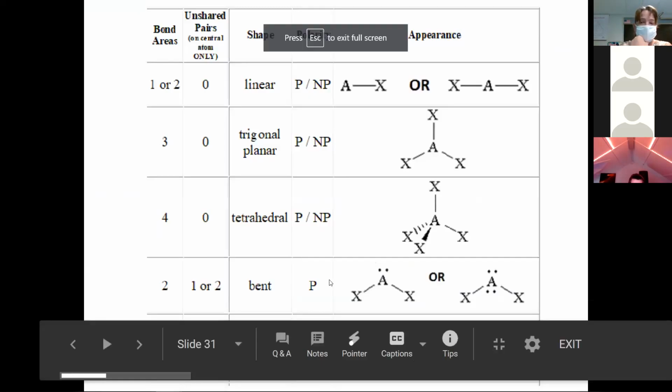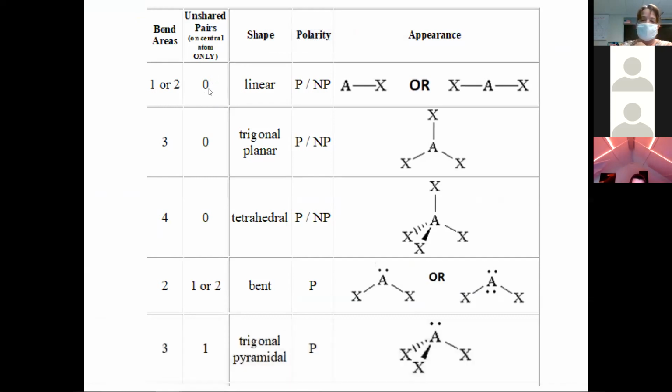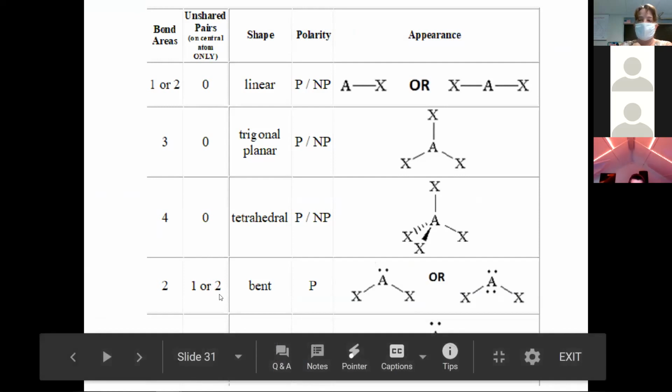So this is the table you're going to be able to use. Again, anywhere there's a 0 here, that would say no on that other table. Anywhere there's a number, that would say yes.